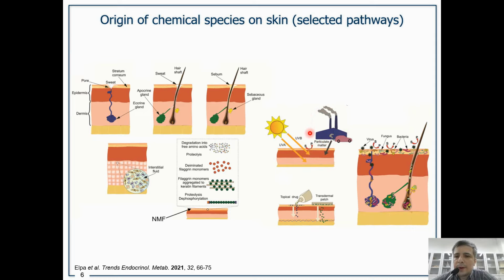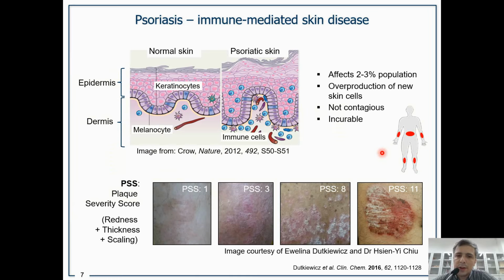Moreover, particulate matter from smoke, from environmental pollution, also can be deposited on skin. Sometimes we apply drugs on the surface of skin, which of course change the chemical composition of the skin surface. And moreover, skin contains microbiota, like viruses, bacteria, and fungi, which also alter chemical composition.